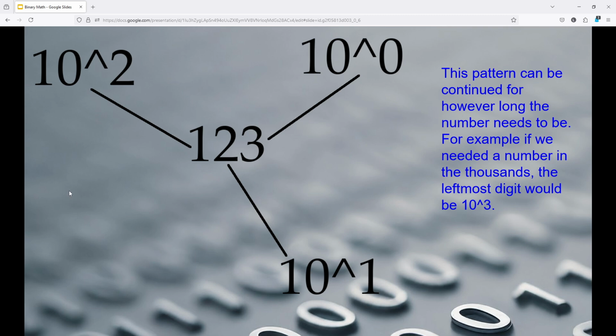If I needed a number in the thousands, so I had an extra digit here, that would be 10 to the third, or the thousands place. So it works pretty well. It's a pretty simple system once you back away from the scary sounding math words and realize, oh yeah, this checks out. This is how we usually use our math.